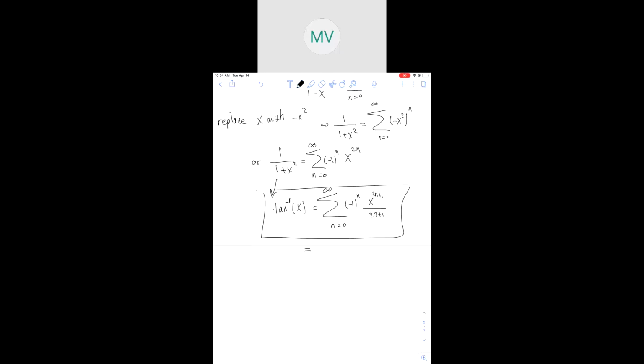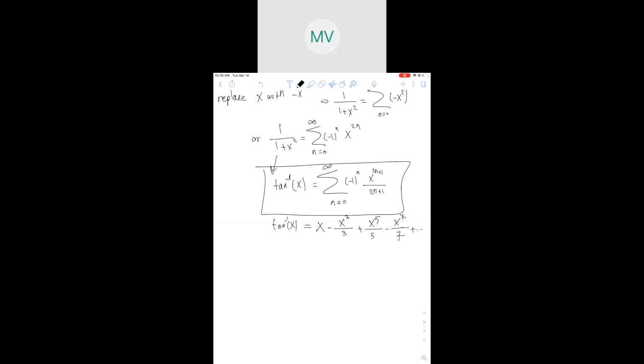In fact, if you write down the first few terms, tan inverse of x is: first one is x. Then it's negative x cubed over 3 plus x to the 5th over 5 minus x to the 7th over 7 and so on.